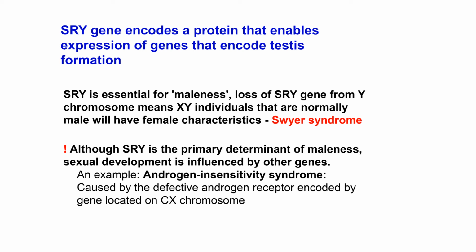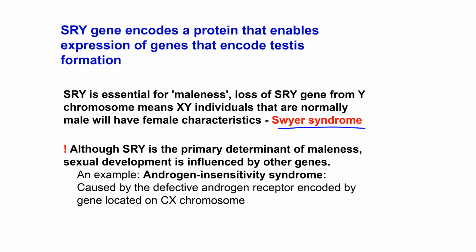In this syndrome, XY individuals who would normally develop into male will have female characteristics. So what is the reason? In these individuals, the SRY gene has been lost, either due to deletion or due to a mutation which renders this gene completely non-functional. So this is direct proof of the importance of SRY in development into a functional male.